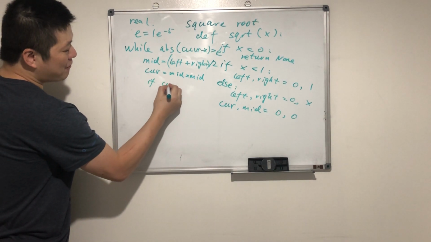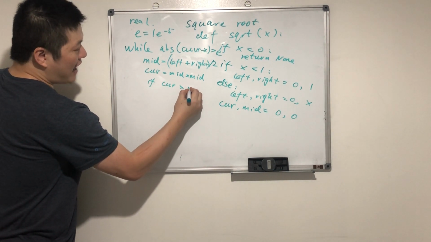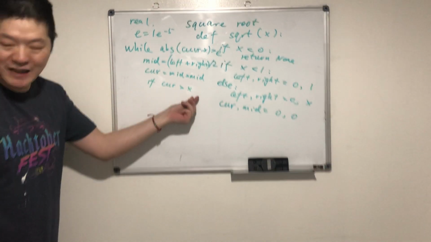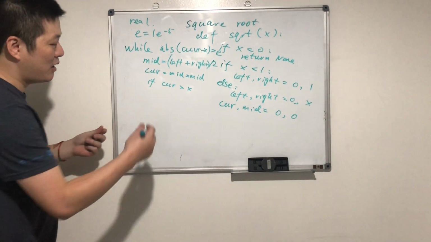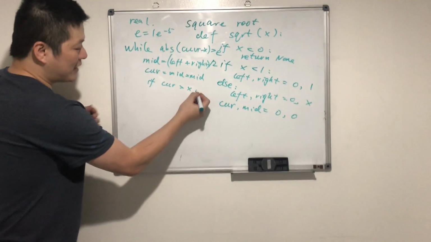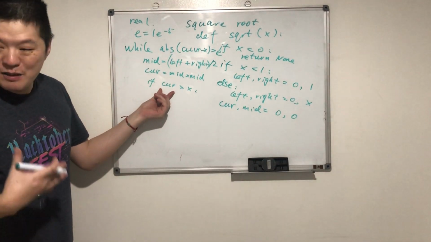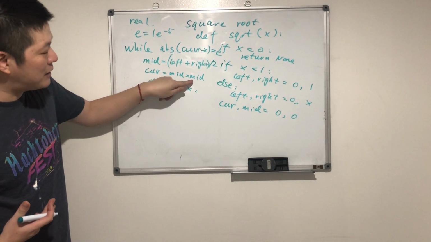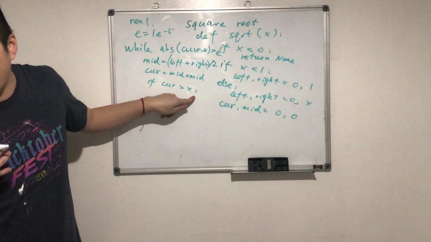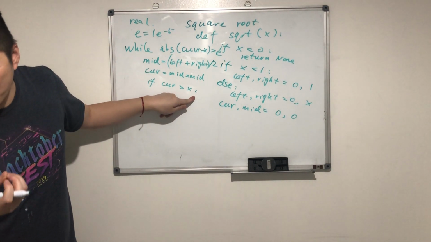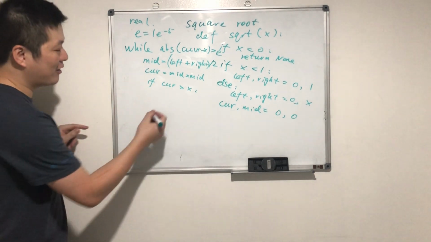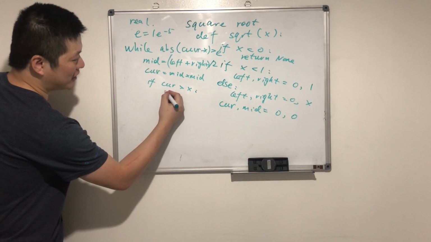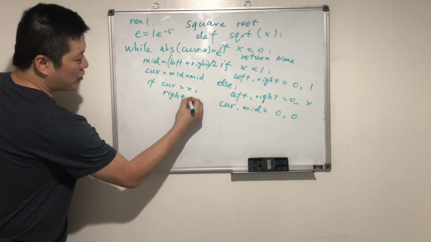If current is bigger than x, it means that we guessed a value which is larger, so we can search in the lower half, which means right equals mid.